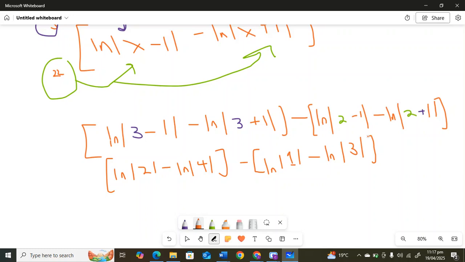If you get a negative value, you ignore the sign, because of those 2 lines. So what is natural log of 2?